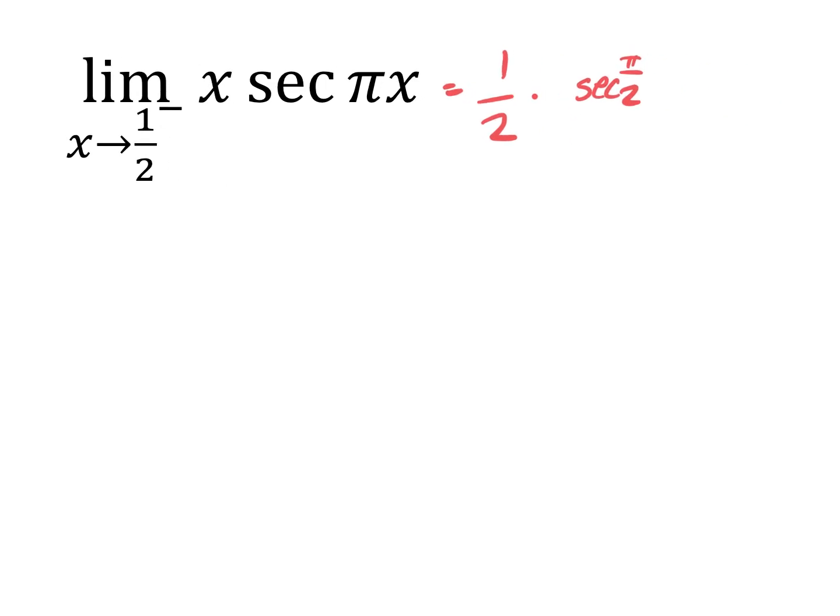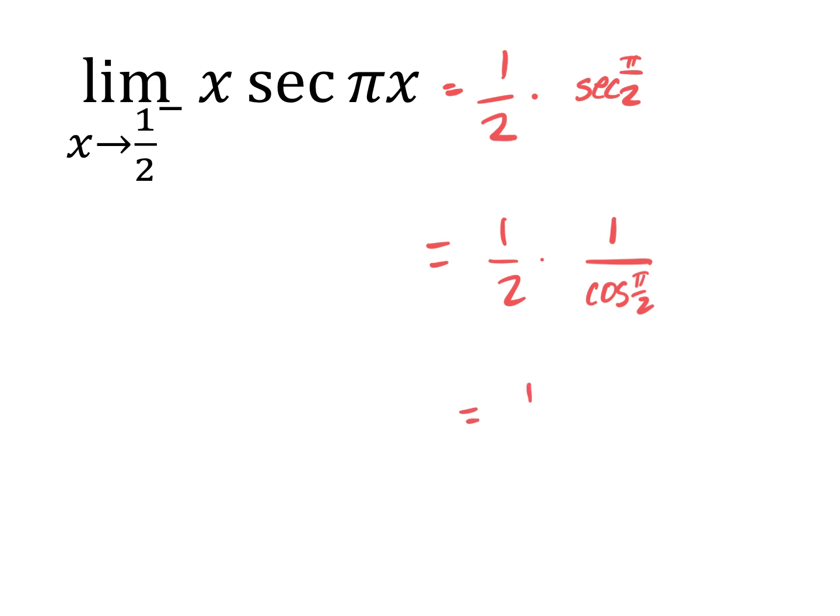And if you wanted to, we could call that 1/2 times 1 over cosine of pi over 2. Again, from the left, cosine of pi over 2 was 0, right? But from the left is the first quadrant. Cosine is positive in the first quadrant.